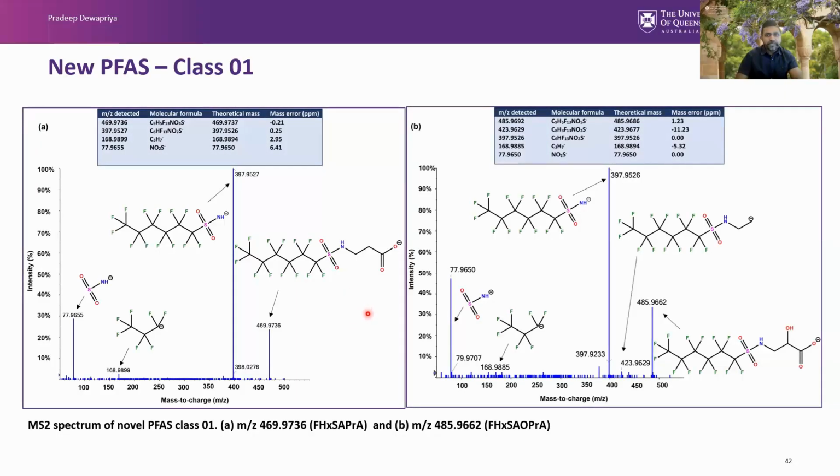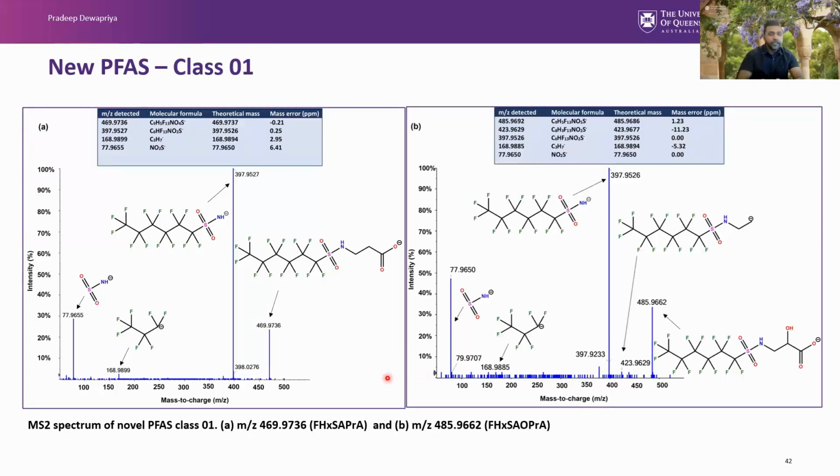But for the first time, we detected this compound in biomonitoring samples, and this compound is completely new to PFAS chemistry. The structures of all these compounds were confirmed carefully with MS data analysis and diagnostic fragment identification.